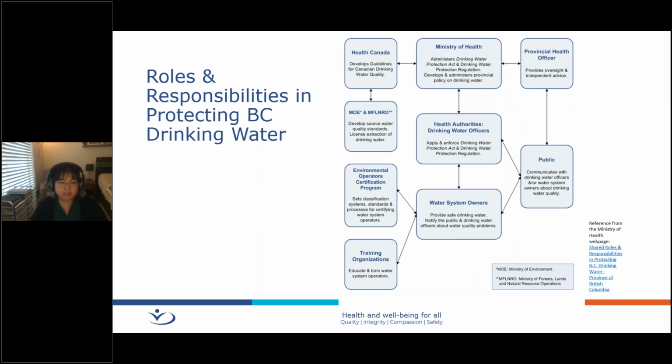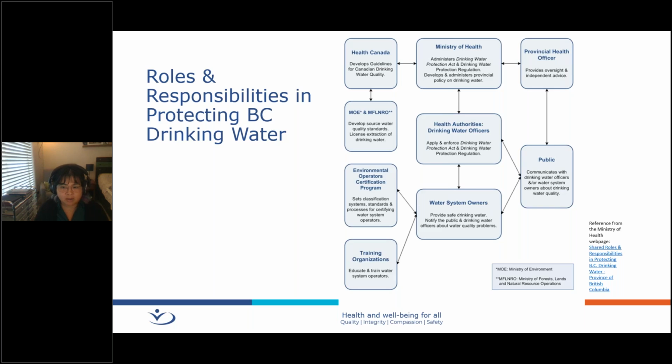In BC, we all have roles and responsibilities in protecting the drinking water. At the very top, you'll see the Ministry of Health. They are responsible for administering the act and regulation, as well as developing policy related to drinking water. Then in the next box in the middle, you'll see the health authorities. That's where we come in, the drinking water officers.